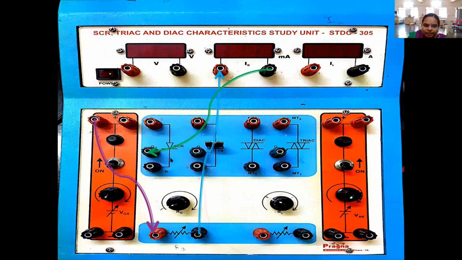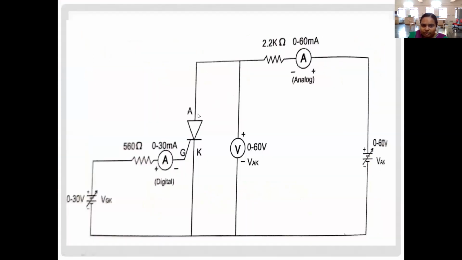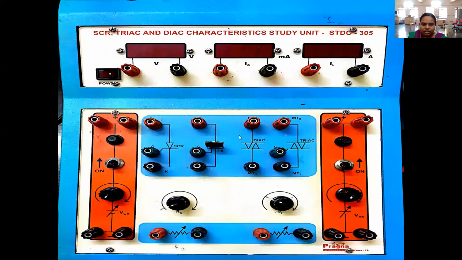Then from the anode to the resistance, that is 2.2 kilo ohms, then another terminal of the resistance. One more connection we have to do here, from the anode to the resistance, then from the resistance we connect to the voltage. That's what is shown here.